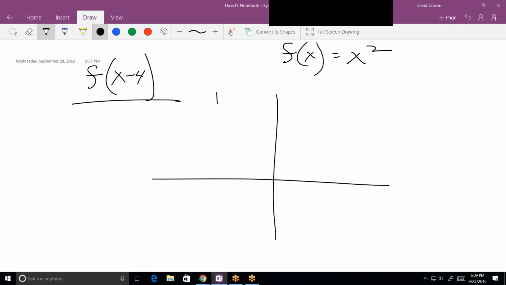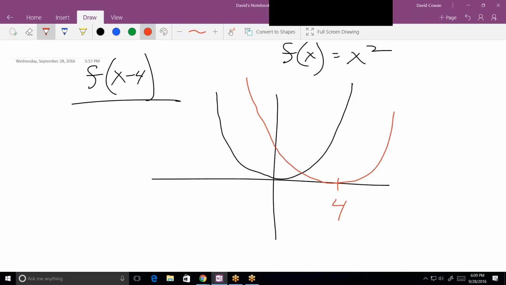Well, here's what x squared looks like. Okay? Now, that's x minus 4, which means I'm going to take this f of x and move it 4 units to the right. So my new f of x is going to look like this. Oh, okay. Okay? In other words, what this means is a horizontal shift.